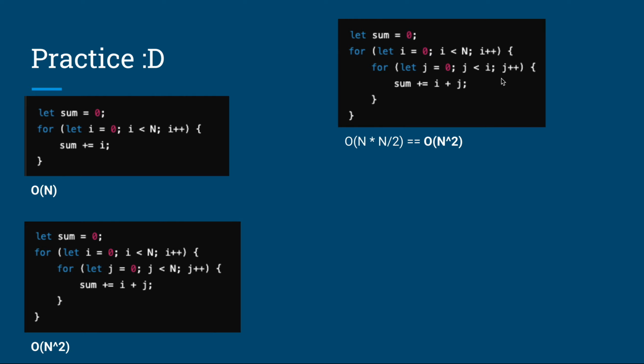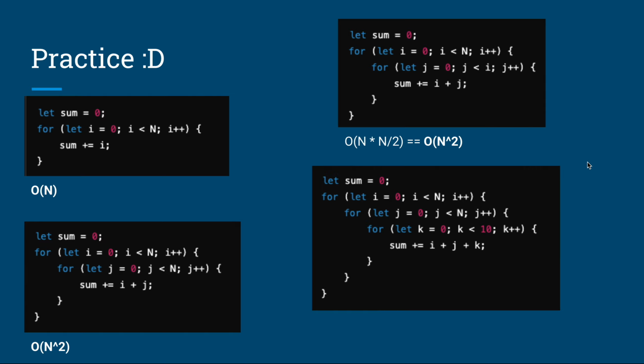But we don't care about numbers, right? We get rid of the numbers because we care about scale. So it's O of n, this outer one, times this inner one, O of n divided by 2, which is equal to O of n times n, which is equal to O of n squared. So even though it doesn't exactly go through n elements, we still call it O of n squared.